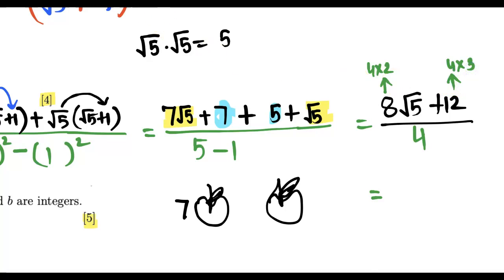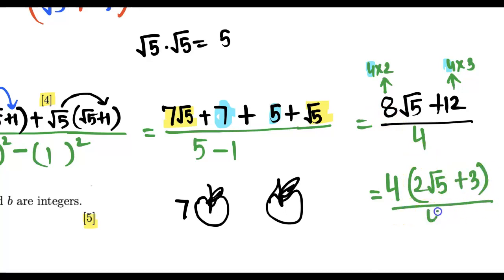So we have 4 common in both of them, and we're going to take it out. If I write it like this, you will have 4 times (2 root 5 plus 3) over 4. So 4 divided by 4 will give you 1, and we finally get 2 root 5 plus 3.